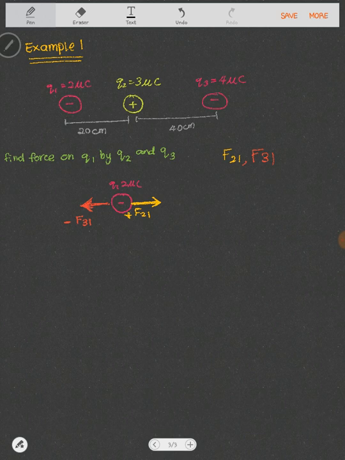But then tadi kita cakap untuk kita cari the net force of F2, so this is the symbol of net force. F2 punya net force adalah hasil tambah negatif F31 dengan positif F21. Okay, net force memang kita akan tambah sebanyak mana pun daya pada dia.